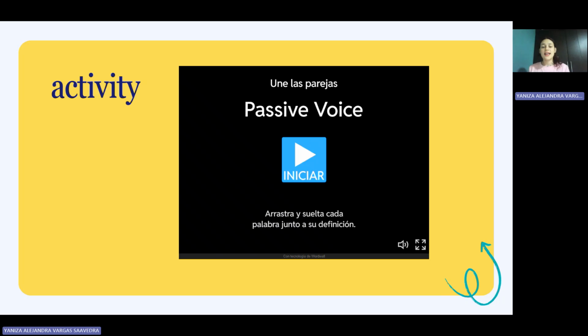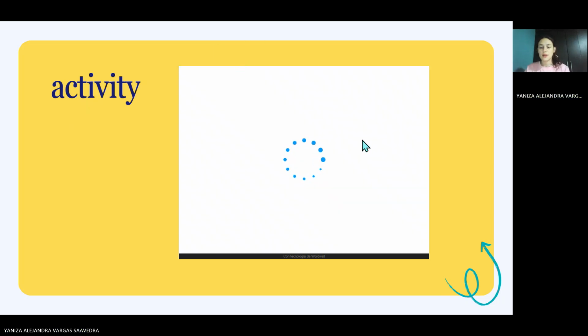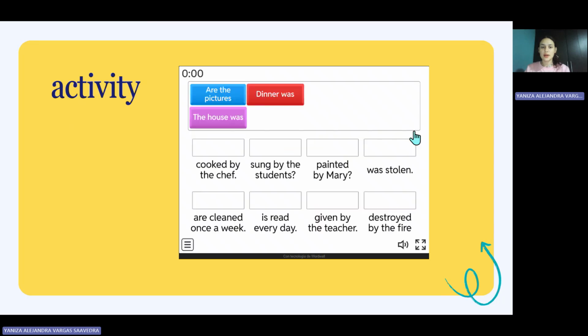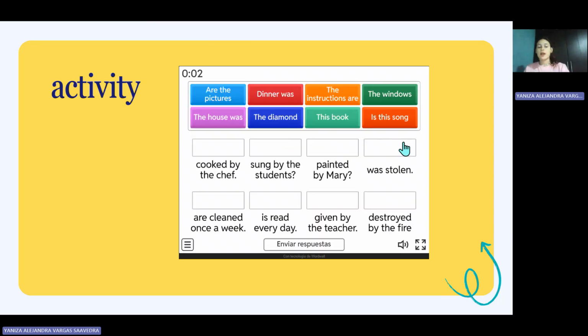Okay, and this is an activity. Let me have a moment. You should select the correct option and put it in the correct sentence.